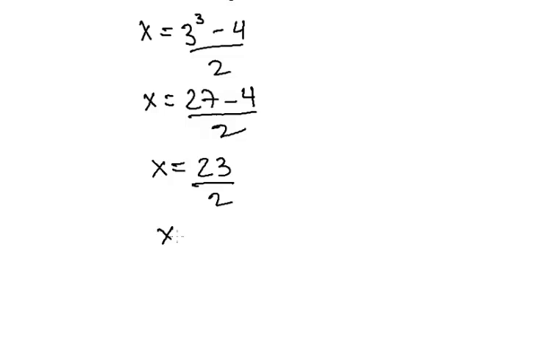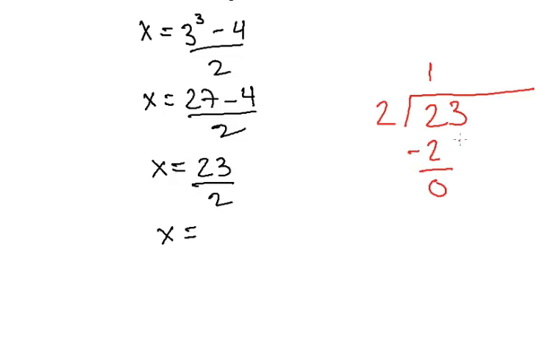Now 23 divided by 2, it's actually easy to calculate, but if you're not sure on how to do this, or you cannot think on the number, you can still manually divide. So 23 divided by 2 will be, well, you divide first this one, right? So it will be 1. 2 times 1, 2, will be 0. Then you move the 3 down, right?